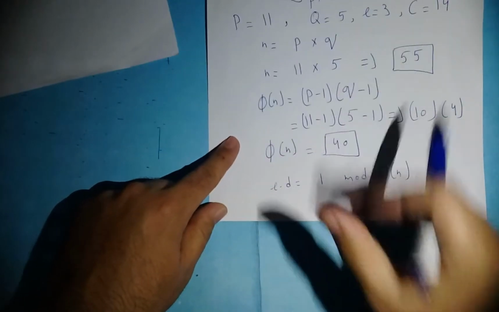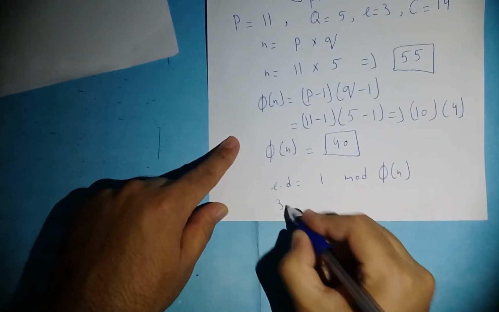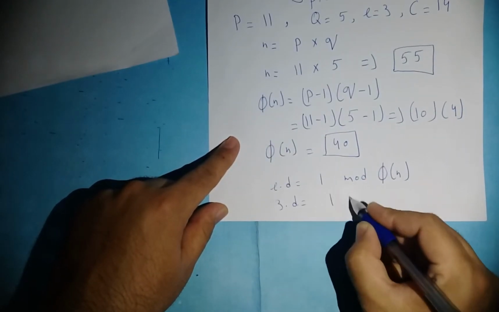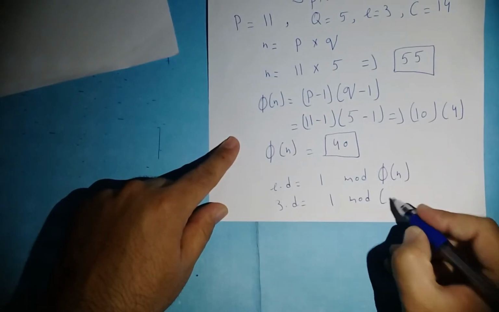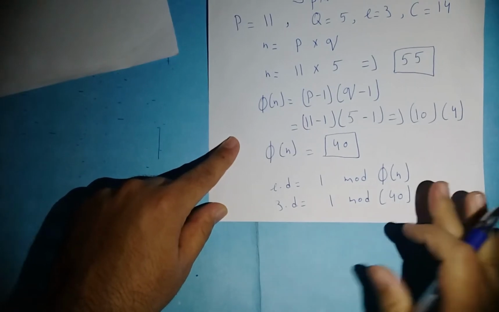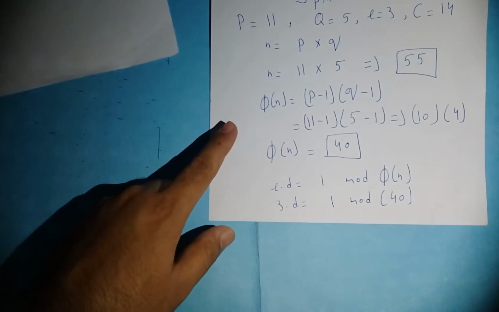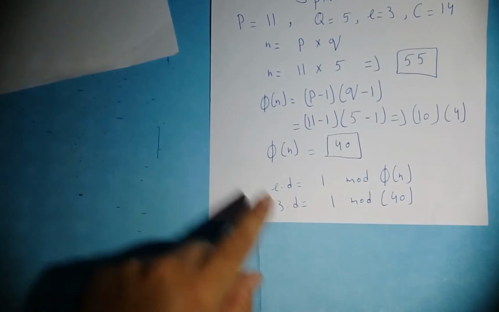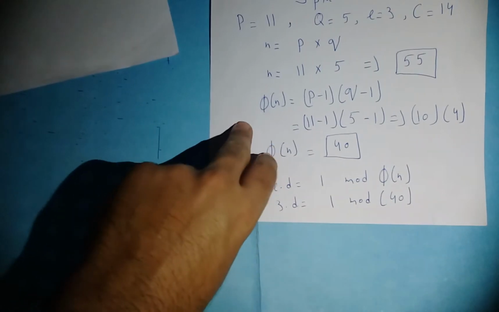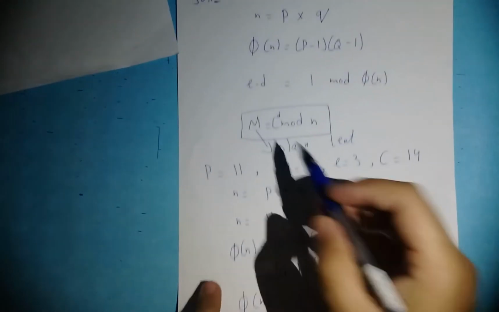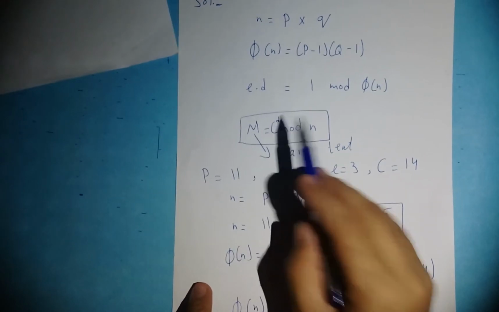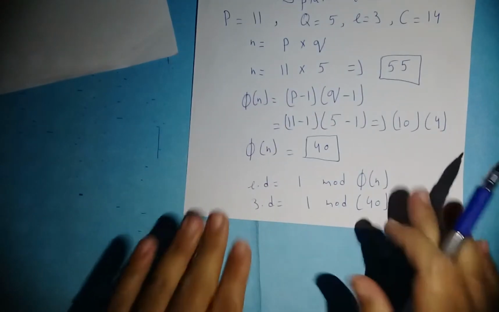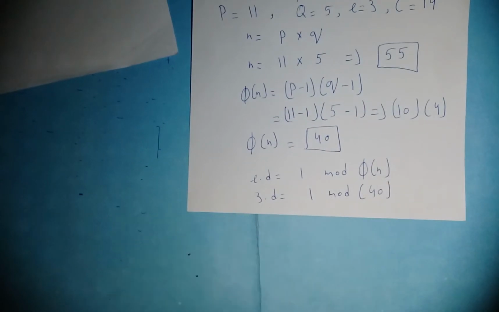E is equal to 3, so I write it down over here, 3, 1 mod, and phi n I've got is 40. Now basically I need to find out the value of d, because it is required in the formula. If you see the formula of the plain text here, d comes, so first of all I have to find out the value of d.